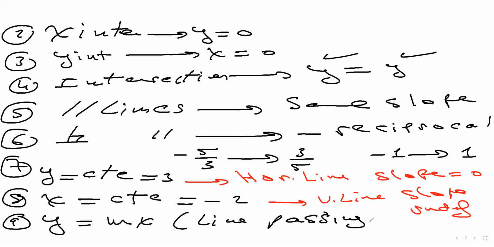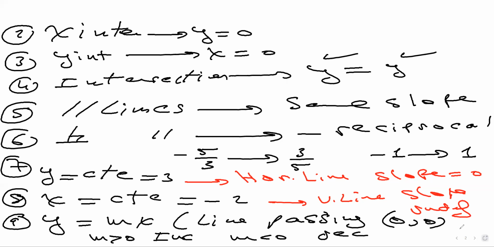There is no y-intercept. The line passes through the origin, 0, 0. If m is positive, it means I have an increasing line. And if m is negative, it means I have a decreasing line. Is that clear? Still, we have 2 ideas for the linear.